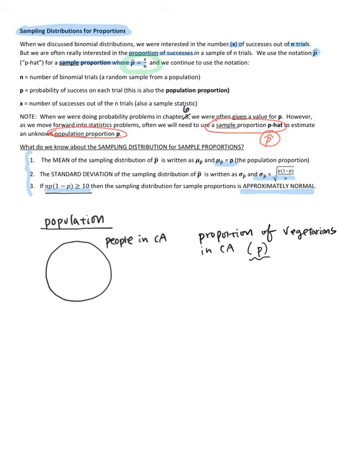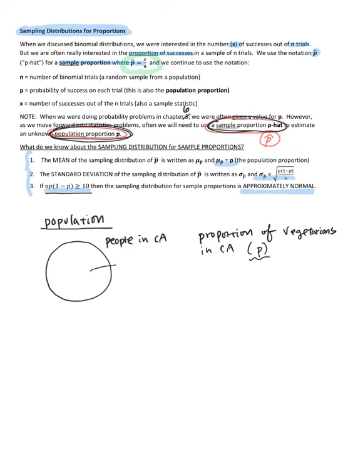So P is really hard to get, which is why it's usually unknown. That's why you need to find p hat. P hat is a sample proportion, so it's much more manageable.